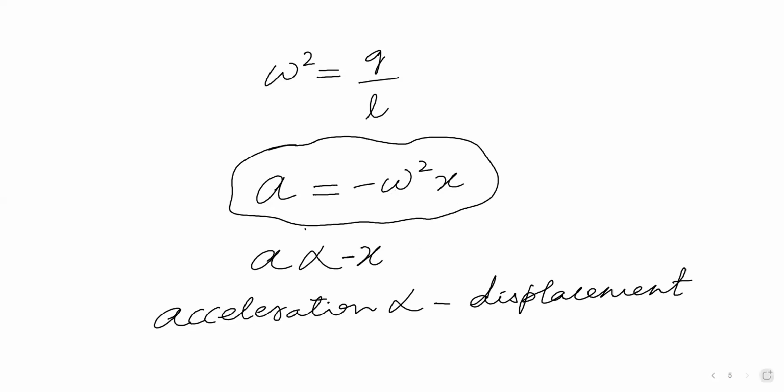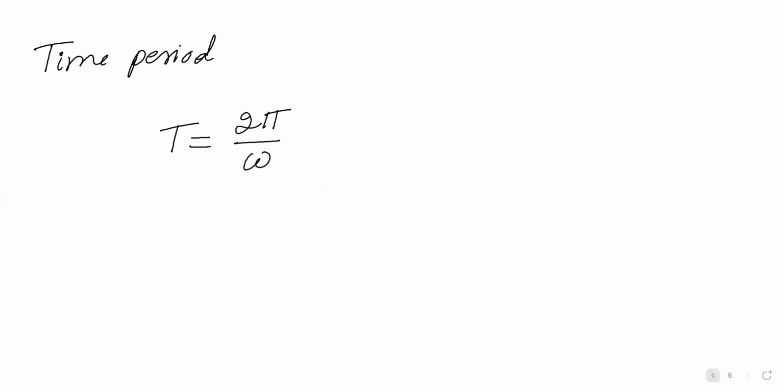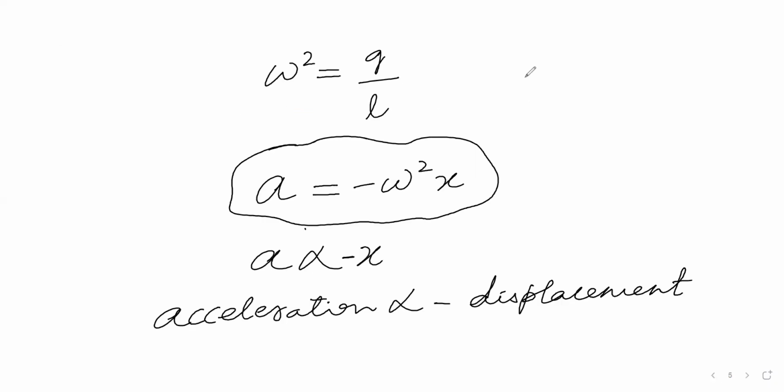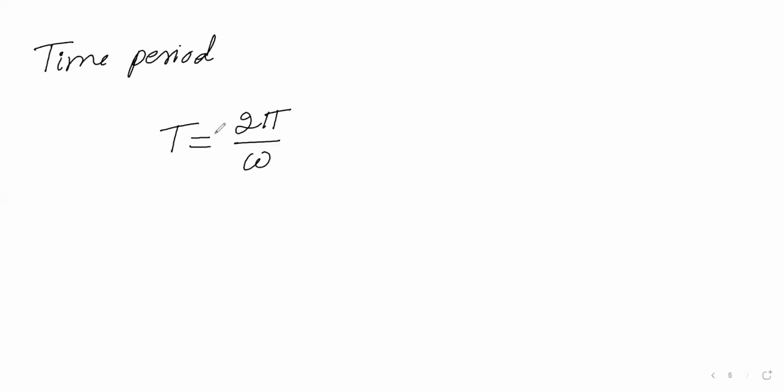Now furthermore, we can write it as here. We know that the time period of oscillation is taken as T equals 2 pi by omega. But from the previous equation here, I can write it as omega equals what? Square root of g by L. Now let us substitute the same here.